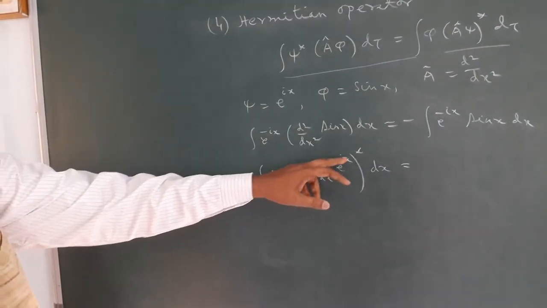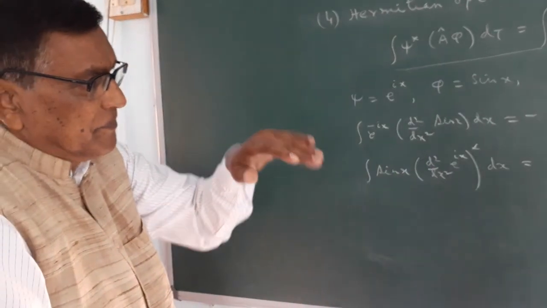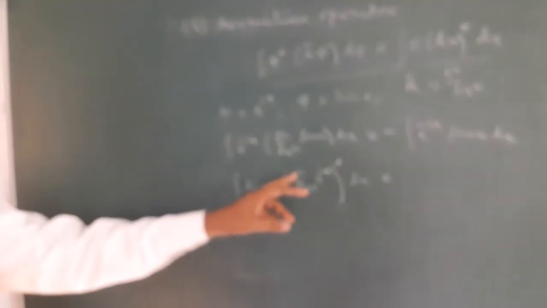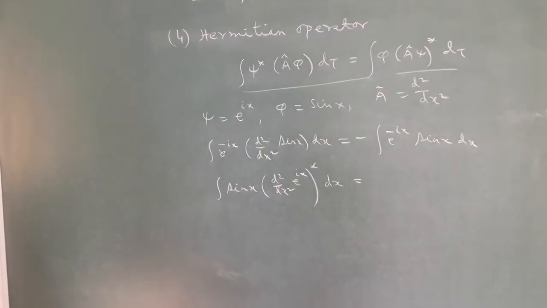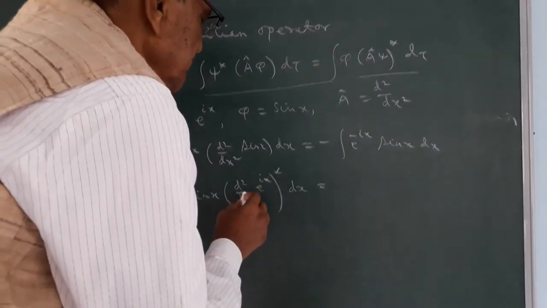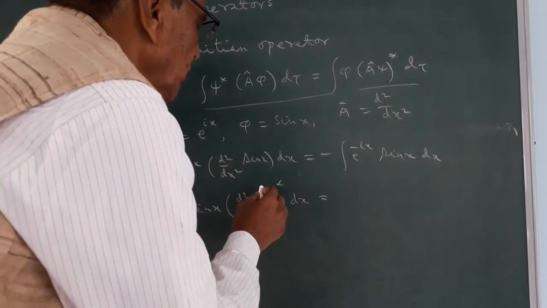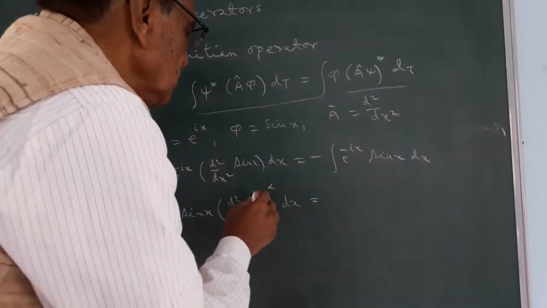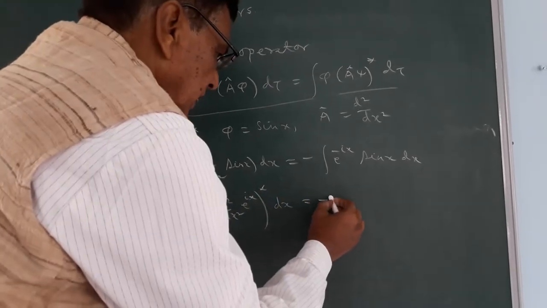Whenever e to the power ix is differentiated twice with respect to x, this operation will give i square e to the power ix, and i square means minus 1.